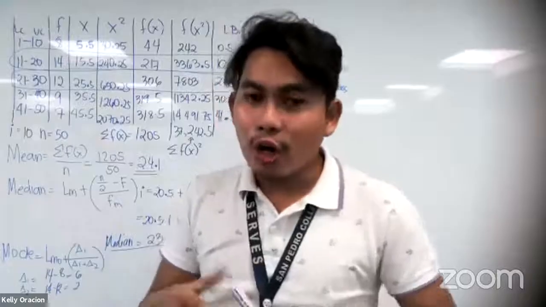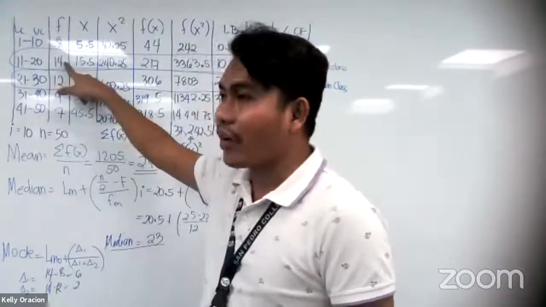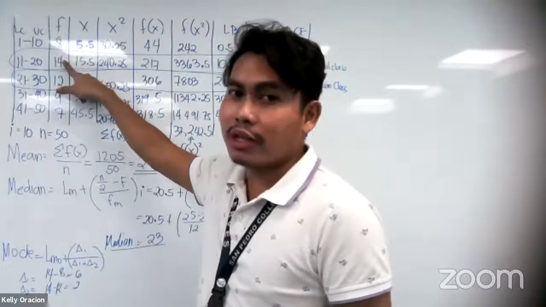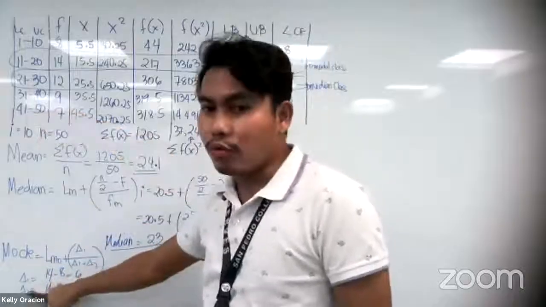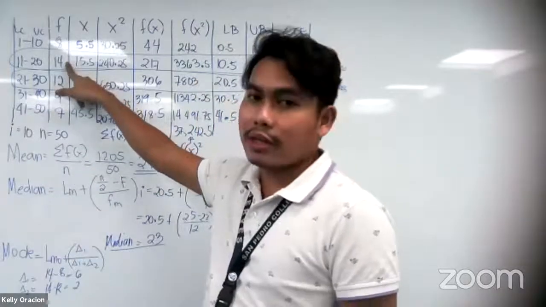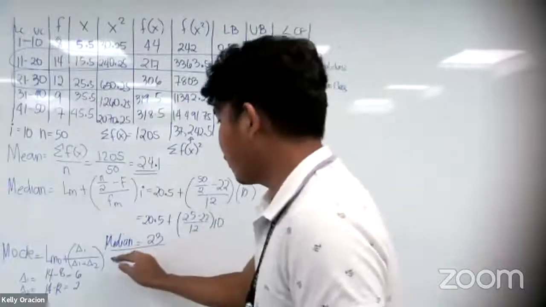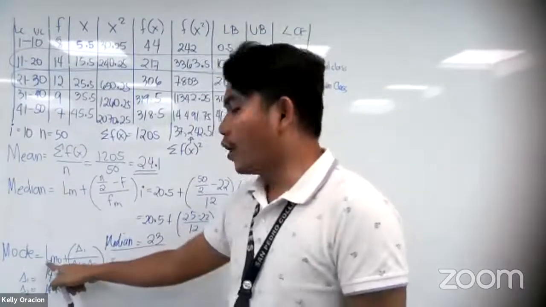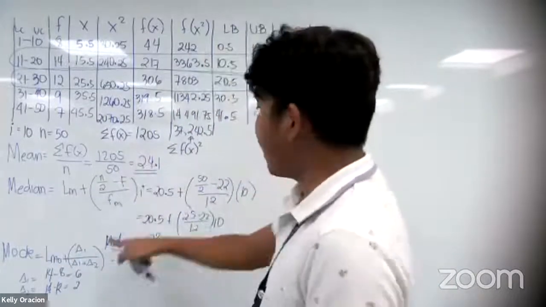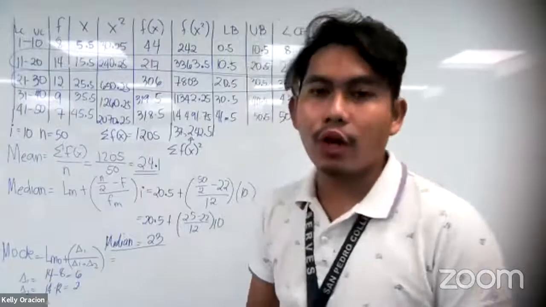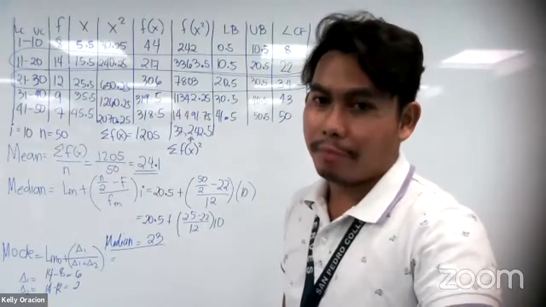Ang clue para makita yung delta 1, ang frequency ng modal class, i-minus lang yung frequency niya sa taas. Para makuha ang delta 2, yung frequency ng modal class, i-minus lang sa baba niya. So, the lower boundary of your modal class is 10.5.